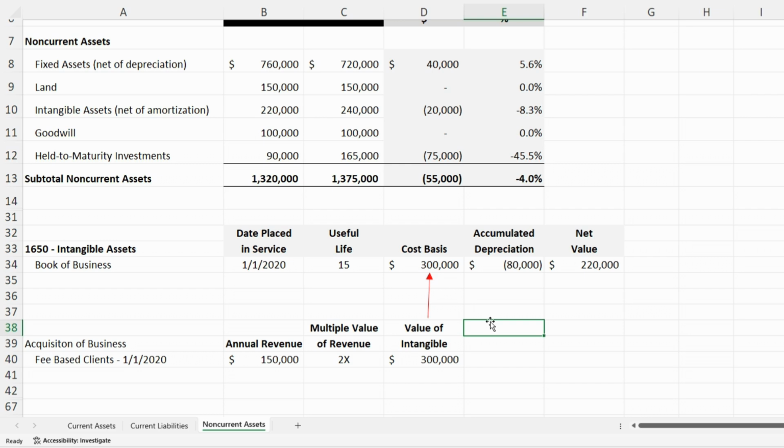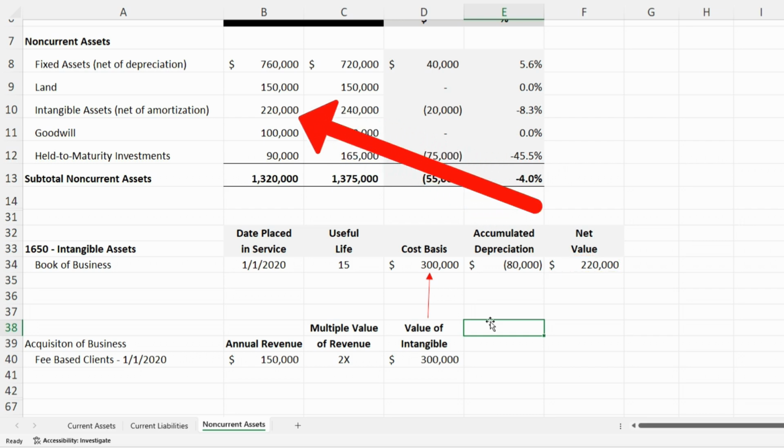And right now, that $300,000 is net of $80,000 of accumulated amortization. For the 4 years that we have amortized it, we've taken the amortization expense on our income statement. So our net value is $220,000. If you look on the balance sheet, you'll see this ties back to the overall balance sheet.